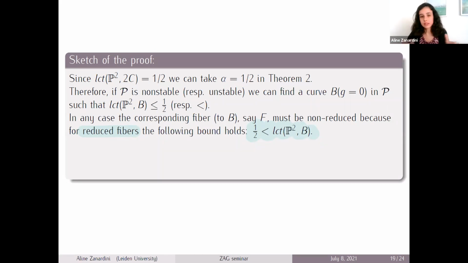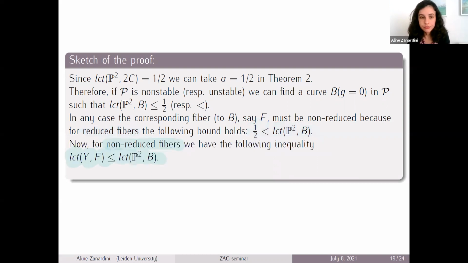Okay, so we know that the surface corresponding to this pencil has this non-reduced fiber F. And now what remains to show is that if the pencil is unstable, so the inequality for the log canonical threshold of P2, B is a strict inequality, then the corresponding fiber cannot be of type I_N star.